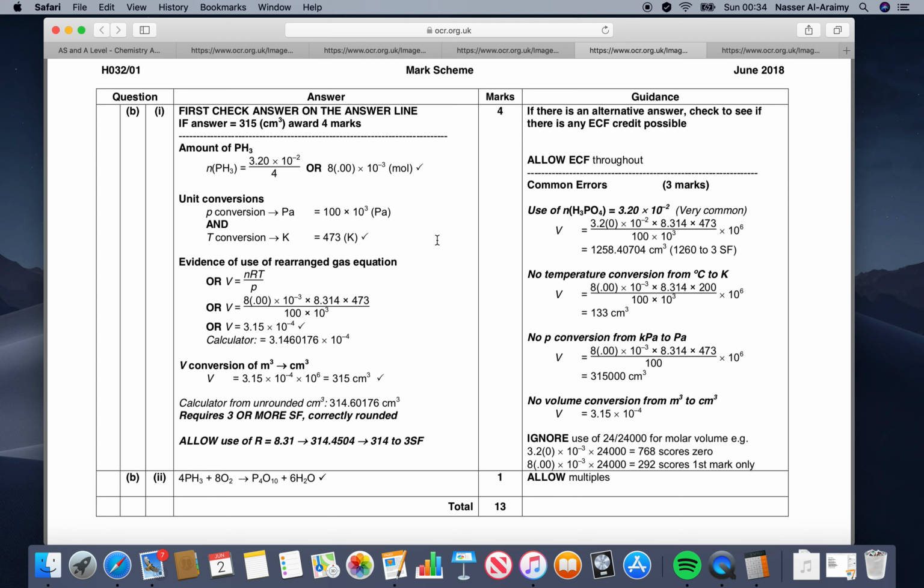So it looks even there that I told you there's involvement there as well. So in multiple steps, it looks like you've got to make some conversions there.